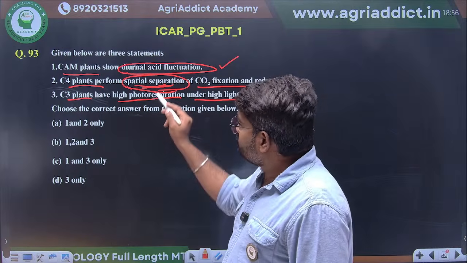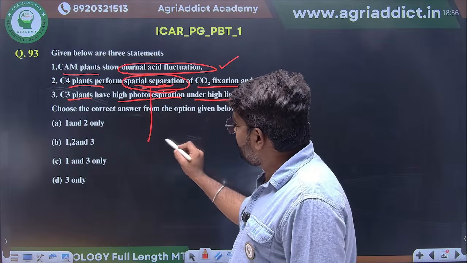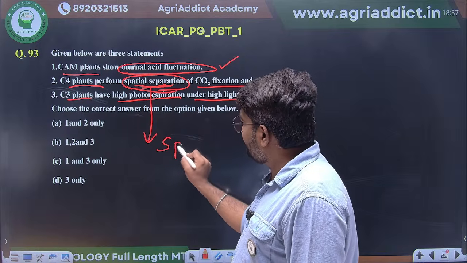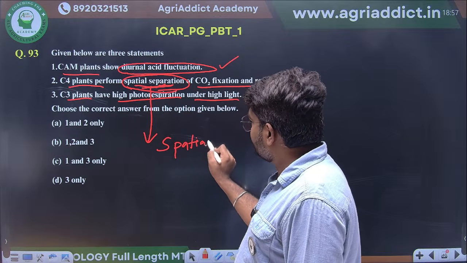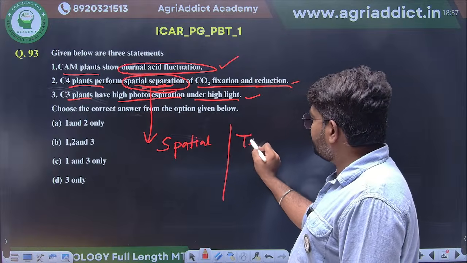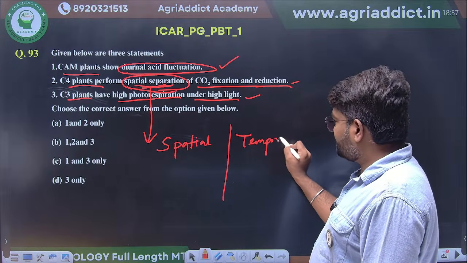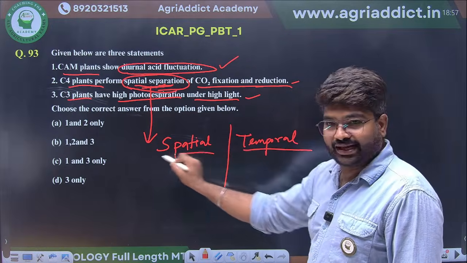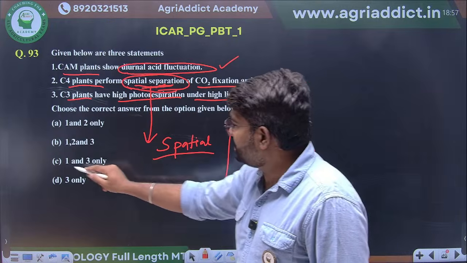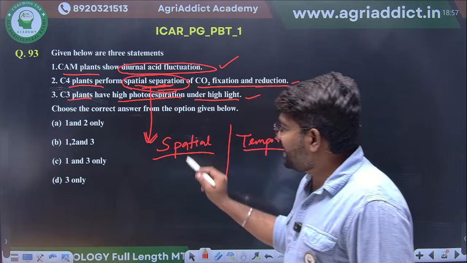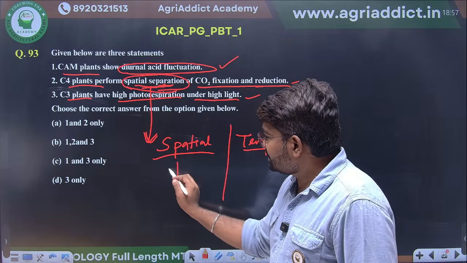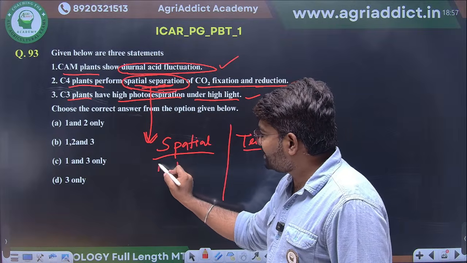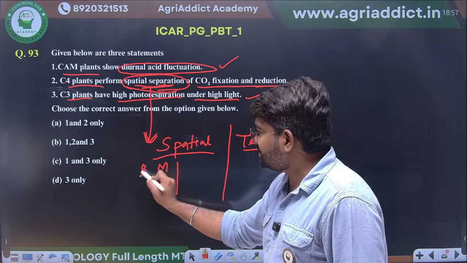Why are we going to see spatial? What is the difference between spatial and temporal separation? We already discussed this concept. Spatial means separation between two cell types, for example mesophyll and bundle sheath cells.